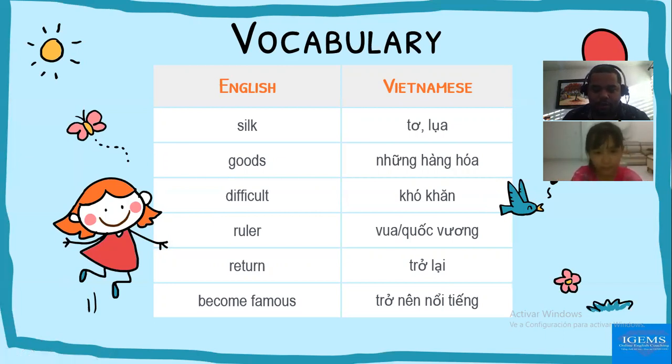Okay, difficult. That's right, difficult. So then we have ruler. Obviously I imagine you know what is a ruler. Yes and no. And then we got the next word, I'm sorry.